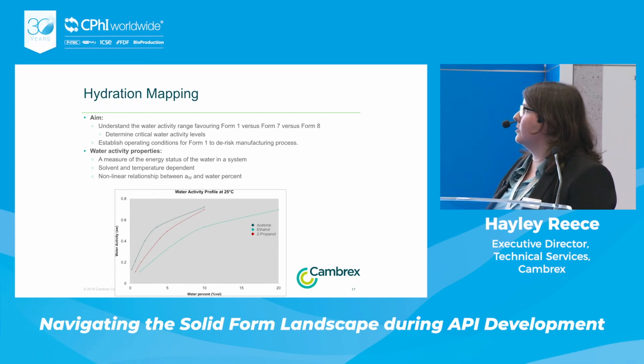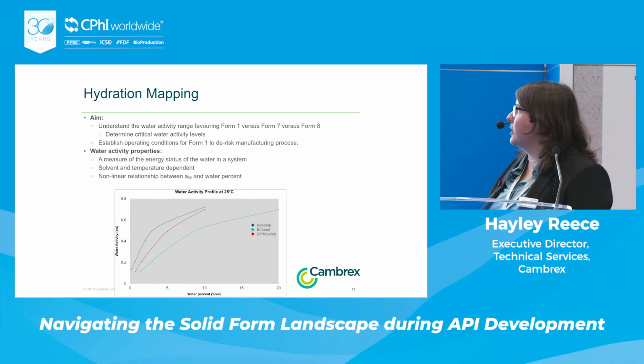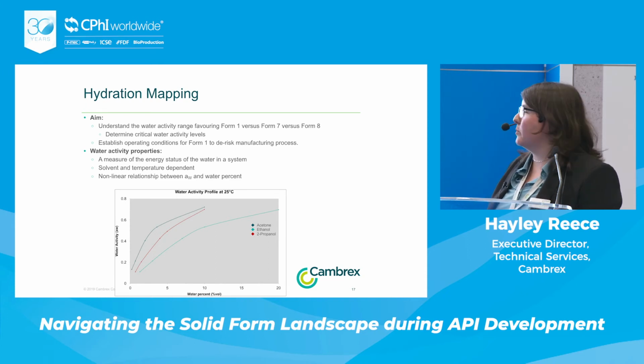So the water activity will change as the water percentage changes, but it's not a linear change, and every solvent will have a different water activity profile. It's also solvent and temperature dependent. So we really need to look in some detail at how our solid form is going to change in these different solvent systems, and what is the critical water activity for the crossover between Form 1 and Form 7 and 8.